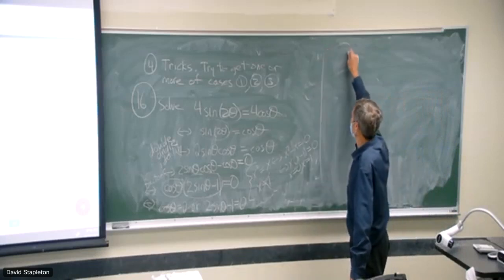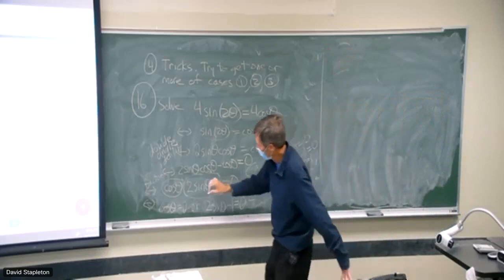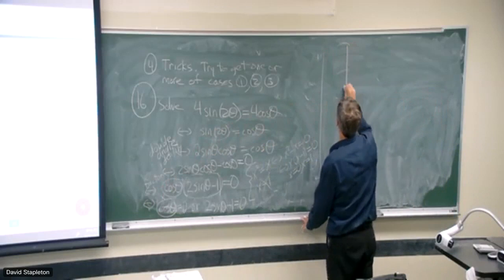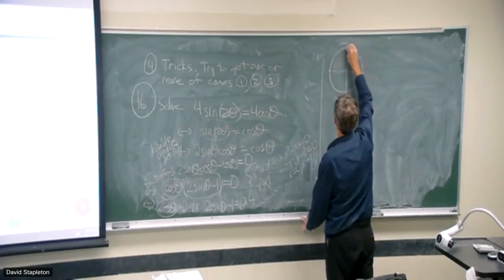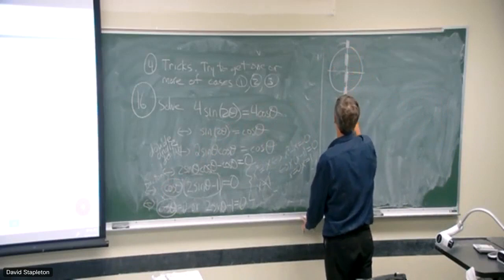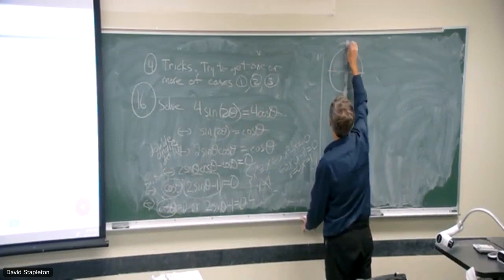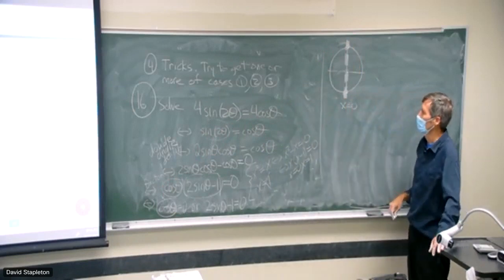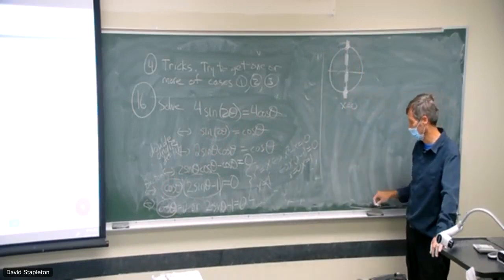All right, cosine theta equals 0. This is x coordinate equals 0. So what I do is I make the vertical line of all coordinates x equals 0. Well, that's just the y-axis, right? Here's the line x equals 0. And I notice there are two solutions. Notice I picked all the different cases for you just to make your life harder.